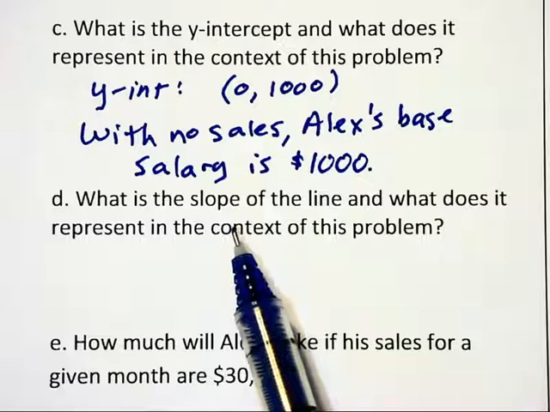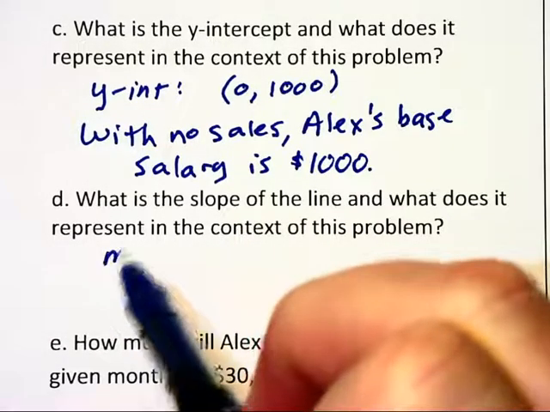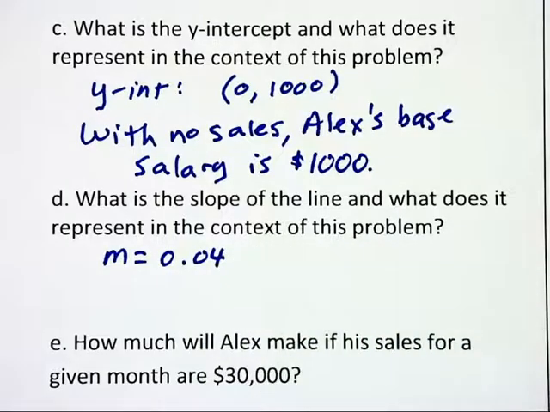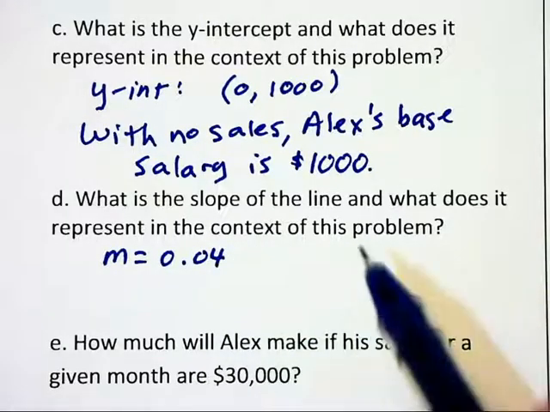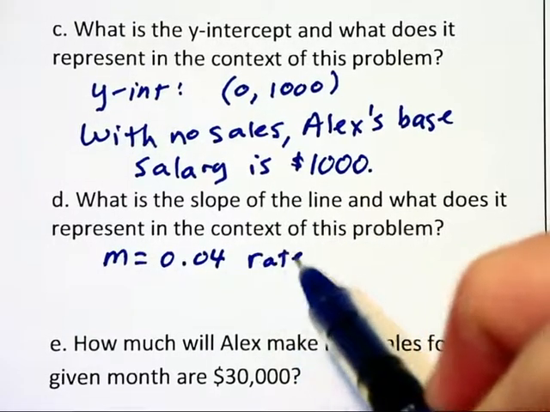Now, what is the slope of the line? Well, that was 0.04. And what does it mean in context? Well, a slope is a rate. So I'm going to say this is his rate of commission.